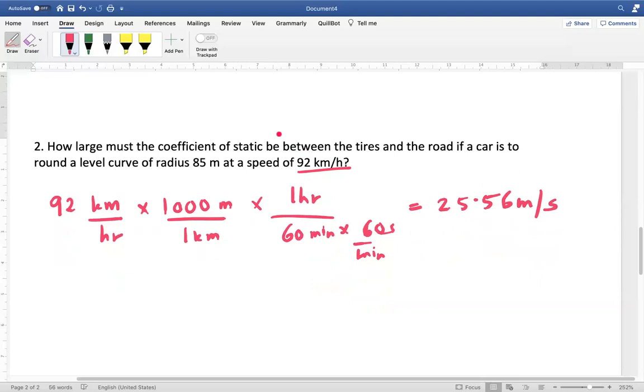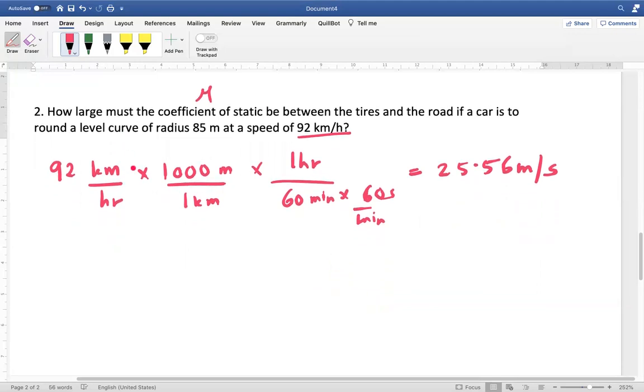How large must the coefficient of static friction be? It asks for the coefficient, mu. It's not asking for the friction force, it's asking for the coefficient of static friction, which is mu, between the tires and the road, if a car is to round a level curve of radius 85 meter at speed 92 km per hour.